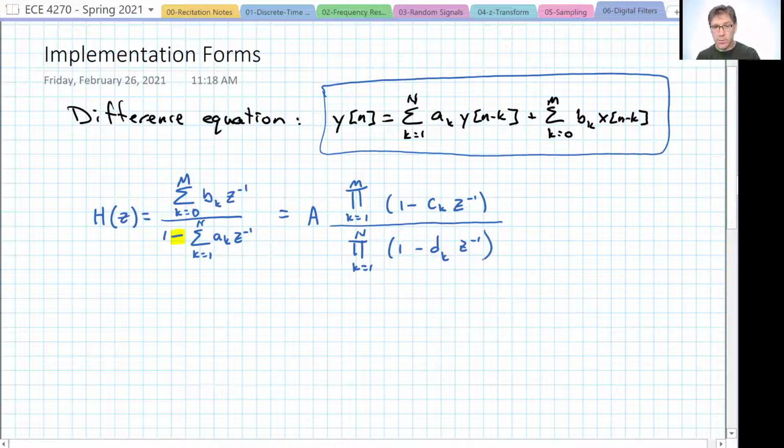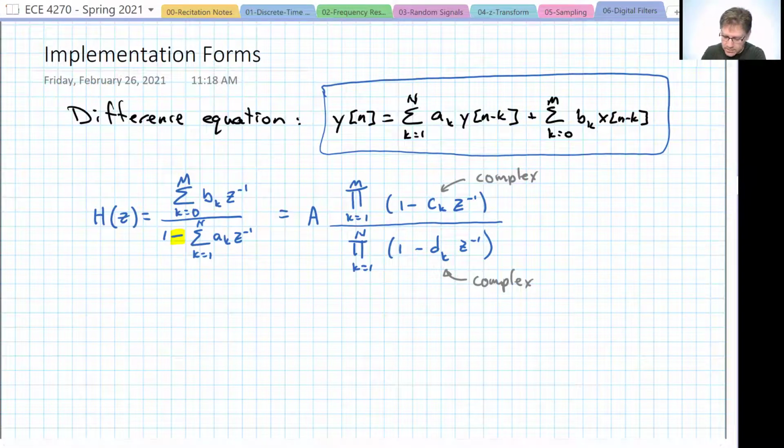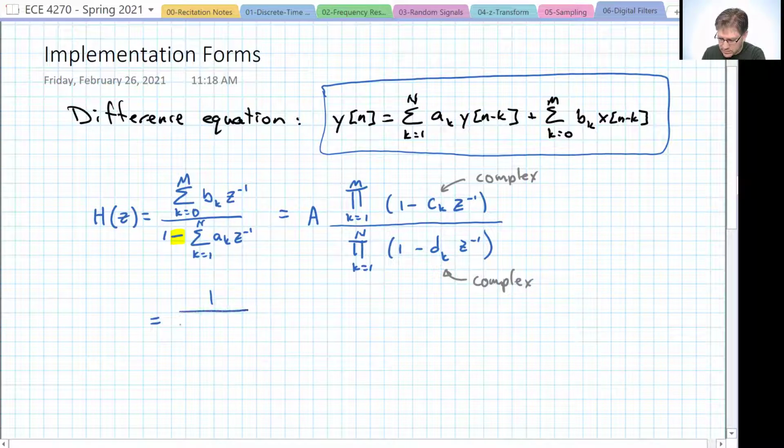So the poles and the zeros, these terms may be complex. In fact, usually they are complex. We could also factor this differently. This is a little bit easier. This way.